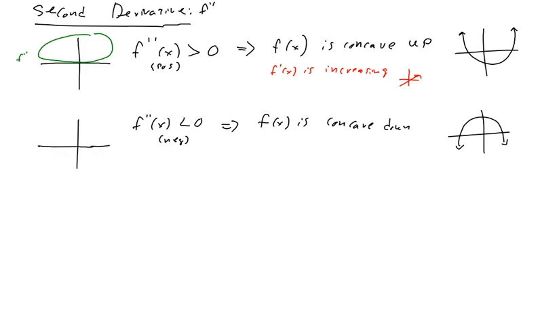In the shape here, right? So if f double prime is in the negative zone of the graph, then f is concave down, changing like that.